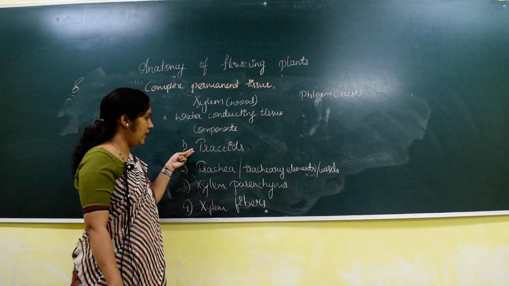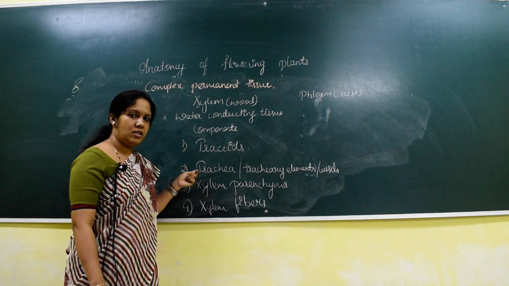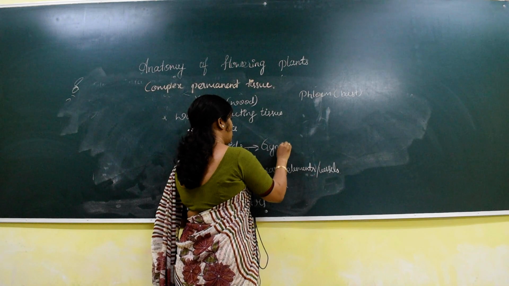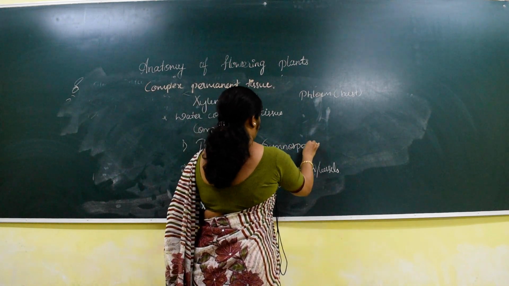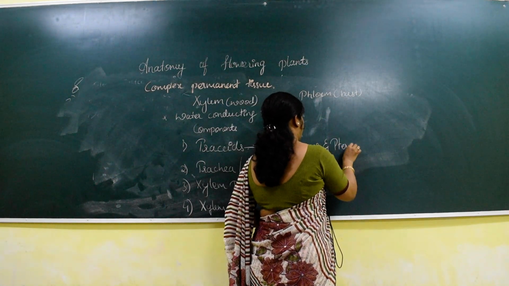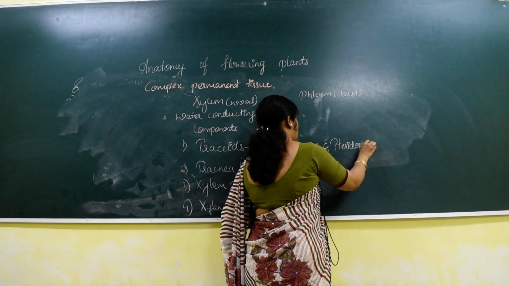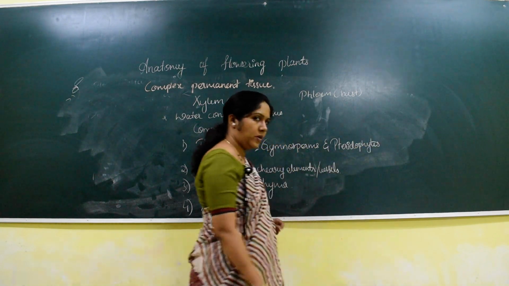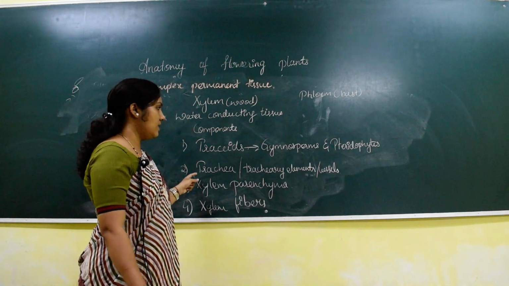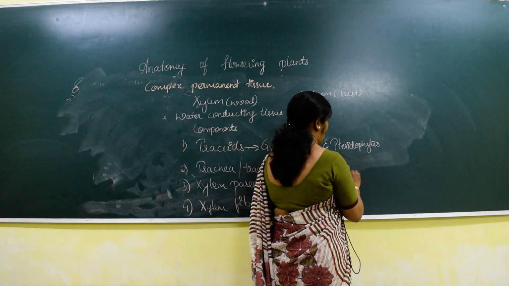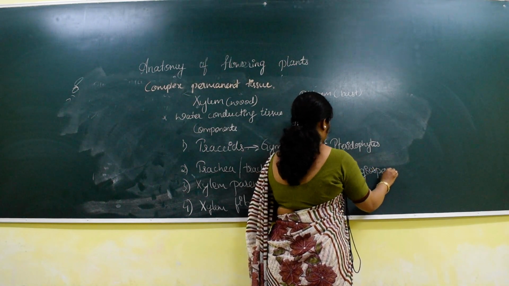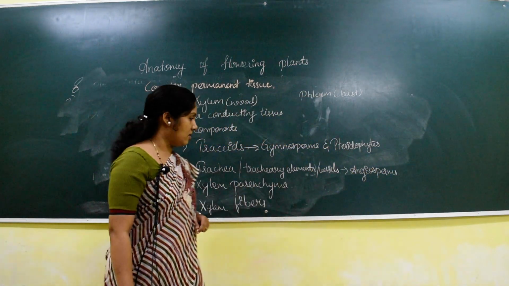Now the tracheids and trachea are similar to each other, but the tracheids are seen in gymnosperms and in pteridophytes. Even the tracheids are seen in a few angiosperms also, but commonly they are seen in pteridophytes and gymnosperms. Whereas the trachea is seen in all angiosperms. In the angiosperms we will see mostly the trachea or the vessels.